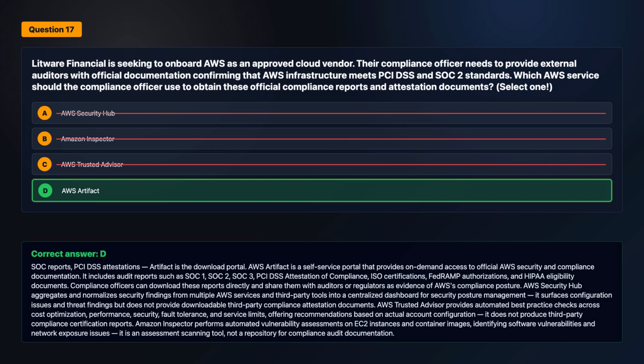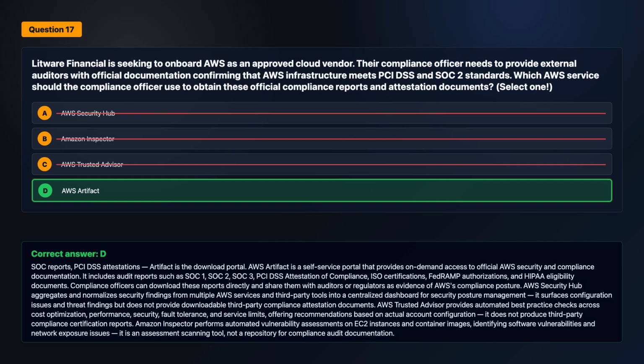AWS Security Hub aggregates and normalizes security findings from multiple AWS services and third-party tools into a centralized dashboard for security posture management. It surfaces configuration issues and threat findings, but does not provide downloadable third-party compliance attestation documents. AWS Trusted Advisor provides automated best practice checks across cost optimization, performance, security, fault tolerance, and service limits, offering recommendations based on actual account configuration.